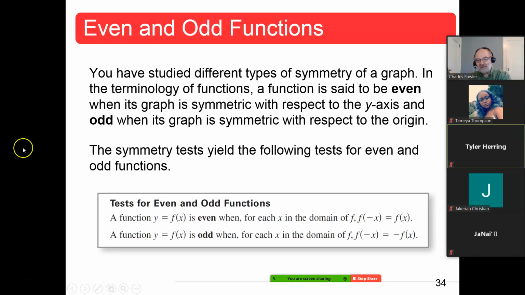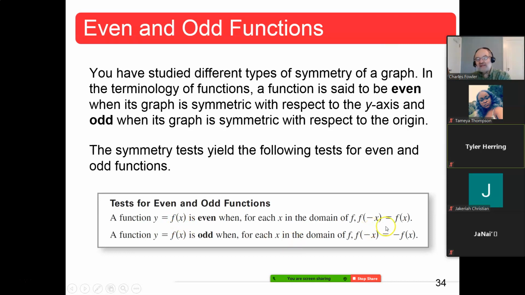Now, a function y equals f of x is even when for every x in the domain of that function f, you plug in, instead of x, minus x, and you do your f of minus x. See what you get.